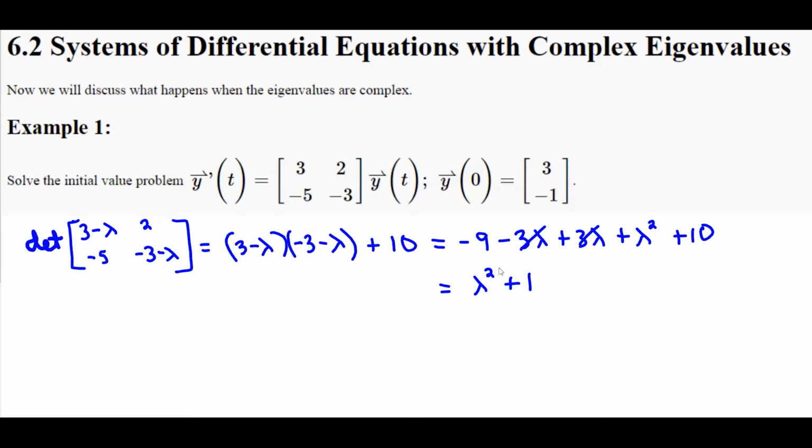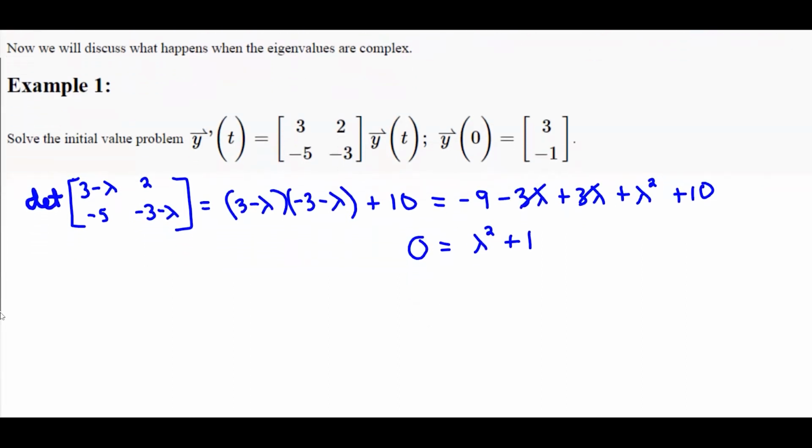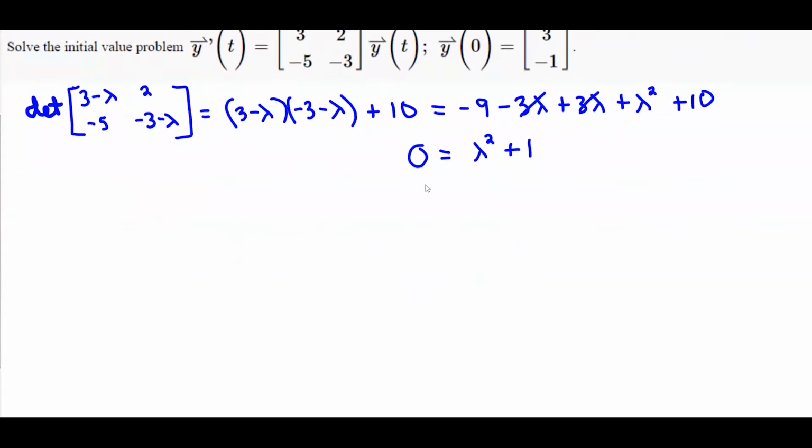So you see this is not a factorable polynomial, but we can use our square root property. I can say subtract 1 from both sides, plus or minus the square root of both sides. Square root of negative 1 is i.